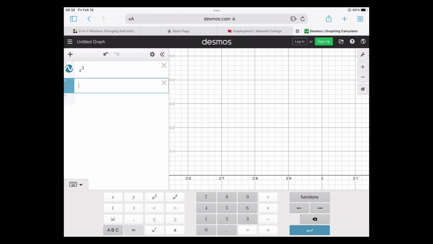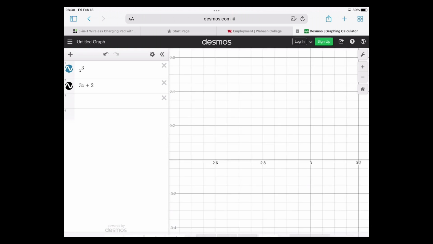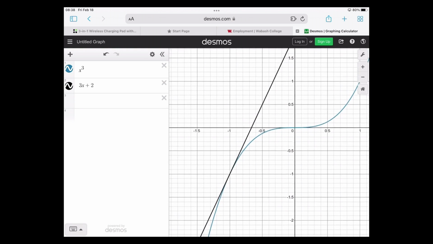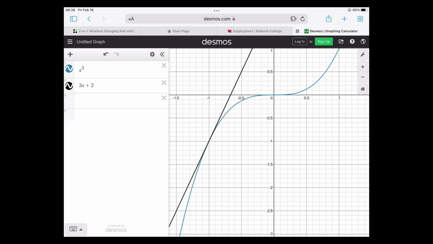The L of x, 3x plus 2, right? Okay. All right, and then let me zoom out and get over here. Okay, so first off, does it look like the line is in fact tangent to the blue curve, the cubic, at the correct point? Yeah, looks good.